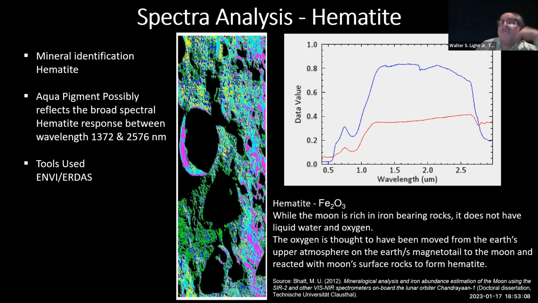So there are different ways of approaching this. And of course, remember, based on the spectral resolution, you may not be able to get to the ones that are low concentrations if you're using something like Landsat, or you don't have the spectral resolution that's small enough for that particular ore body that you're looking for. So it depends on the situation.